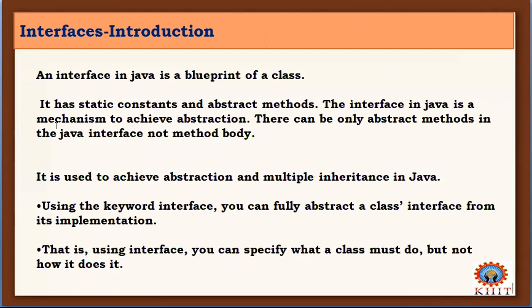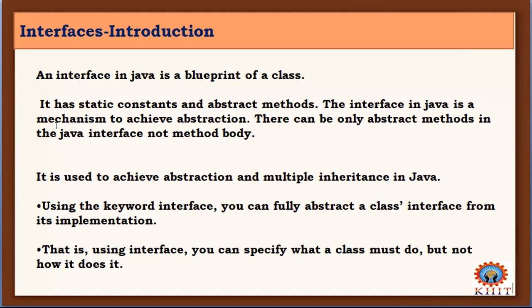So once again, I am telling you that an interface is like just a class, but it has static and final constants. That means the variables which are used in the interface are constant variables. They cannot be changed later on in the program. Next, interface contains a method, but it doesn't have any body.